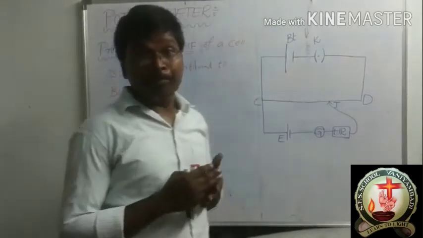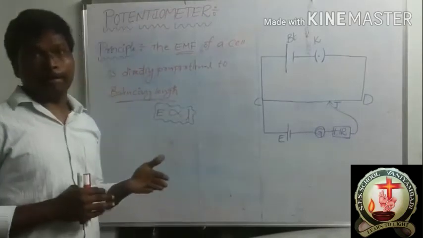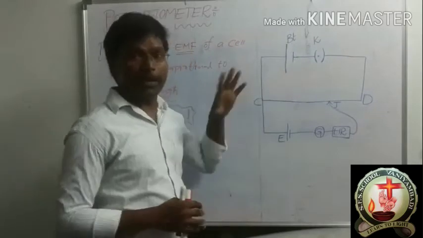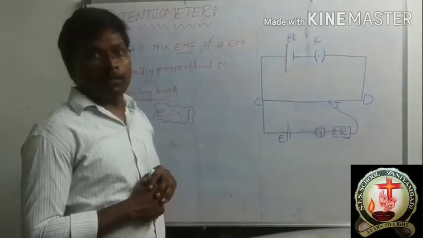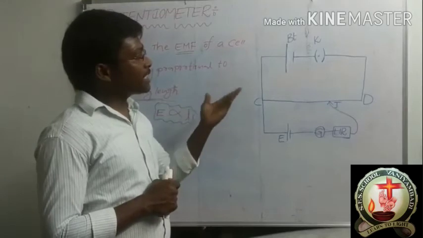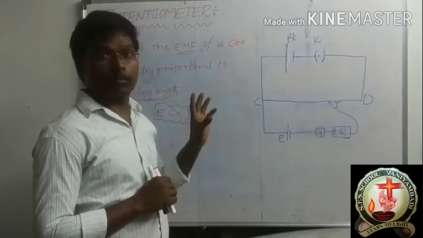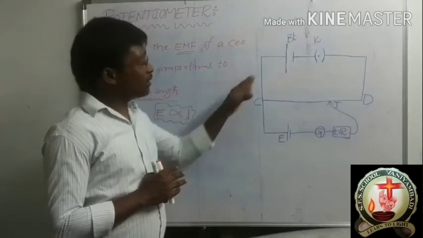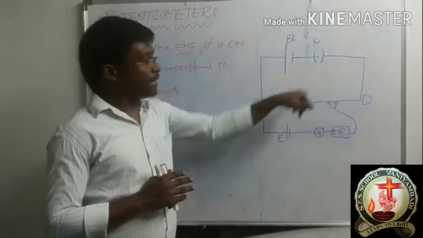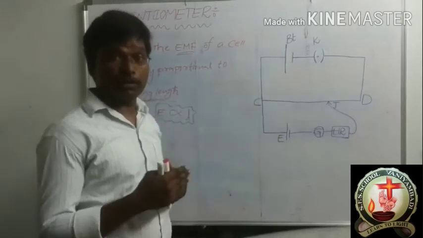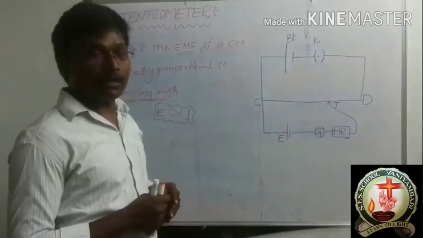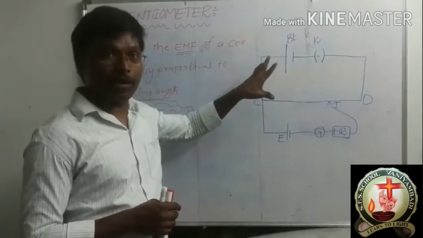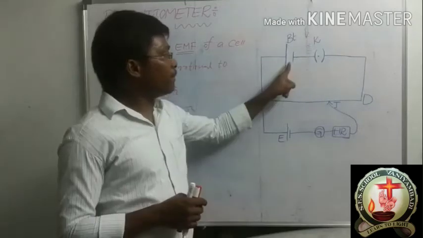Now we should see the construction of the potentiometer. This is the basic structure of the potentiometer. Please see carefully. Some symbols you know already, but some new symbols I inserted in our diagram.